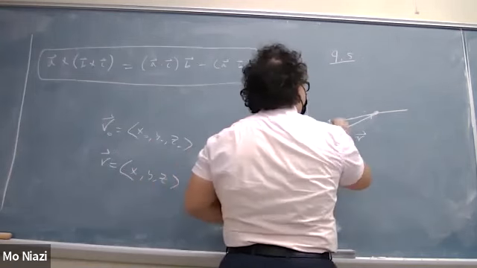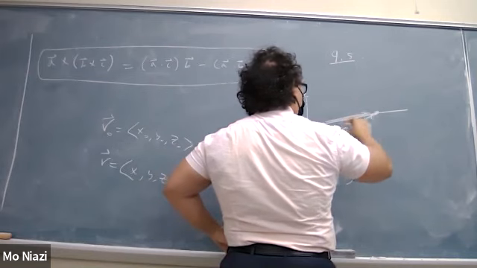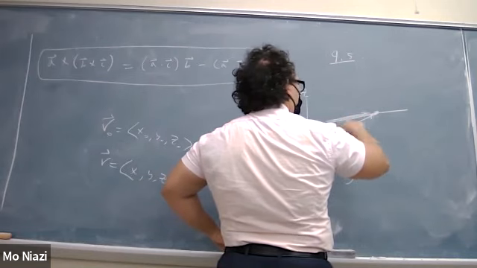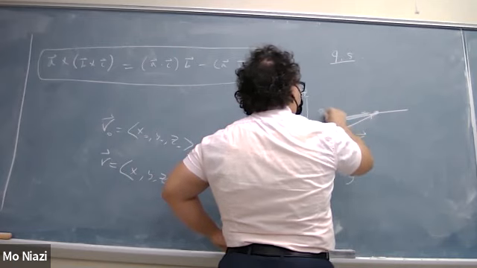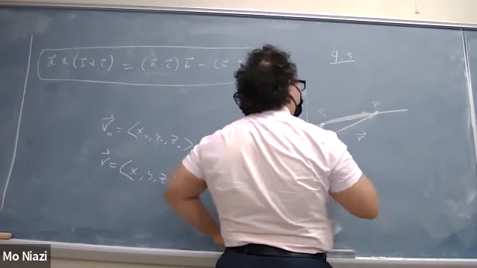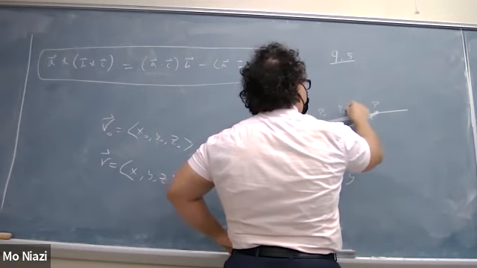Now, notice that we can define a vector over here. I can assign points here. I can say this is P naught, and I can say this is P. So this vector connecting P naught and P would be their displacement vector, right?